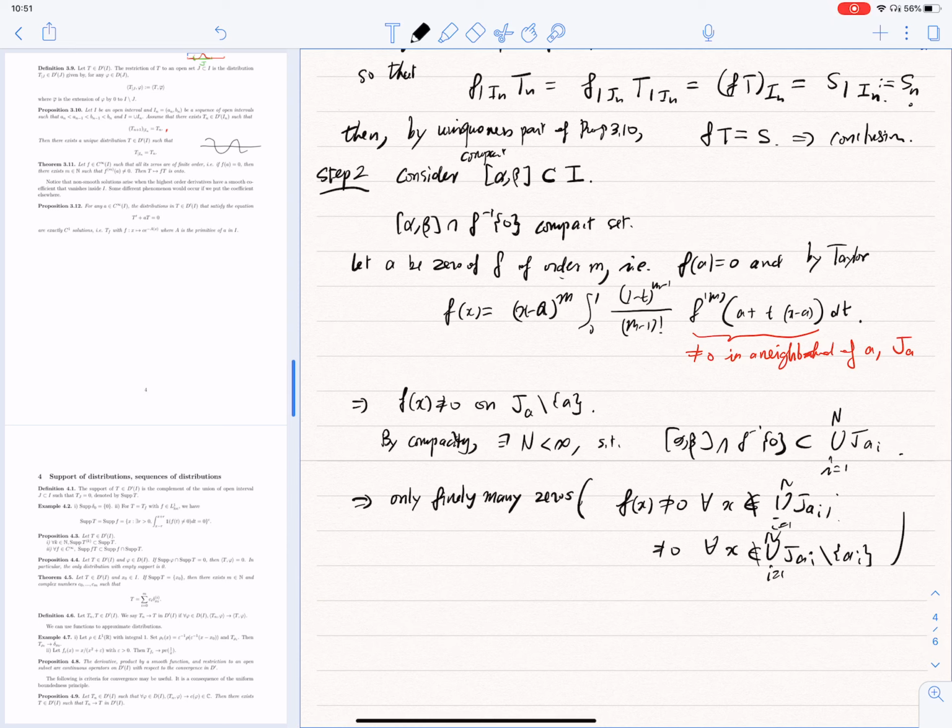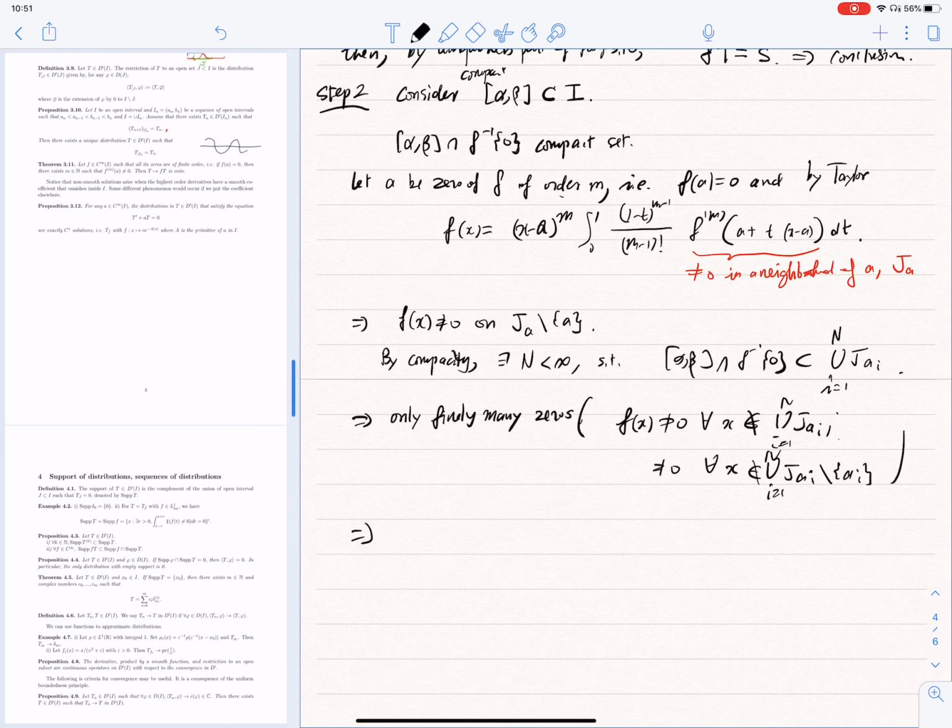Okay, so the only points on which the function takes the value 0 will be those a_i, and there are only finitely many. And this shows that f can be written as a polynomial times a function g, where g never takes the value 0 on the interval [alpha, beta].